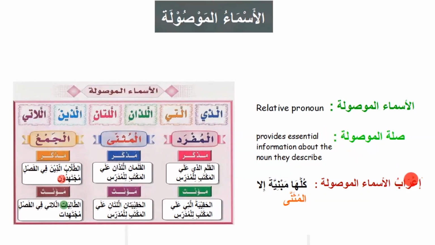Okay. Then we have here al-i'rab of asma'ul mawsul. What is the i'rab of asma'ul mawsul? Allazi, allati, allazani, allatani, allazina, allati. What are their i'rab? What happens if something like a harf jar comes before them?